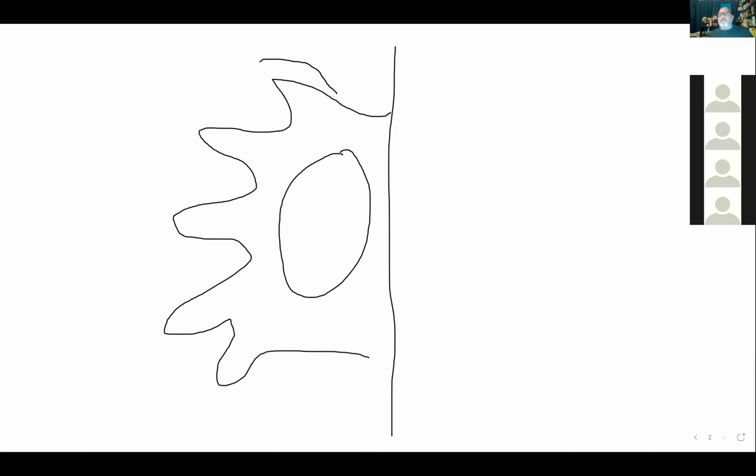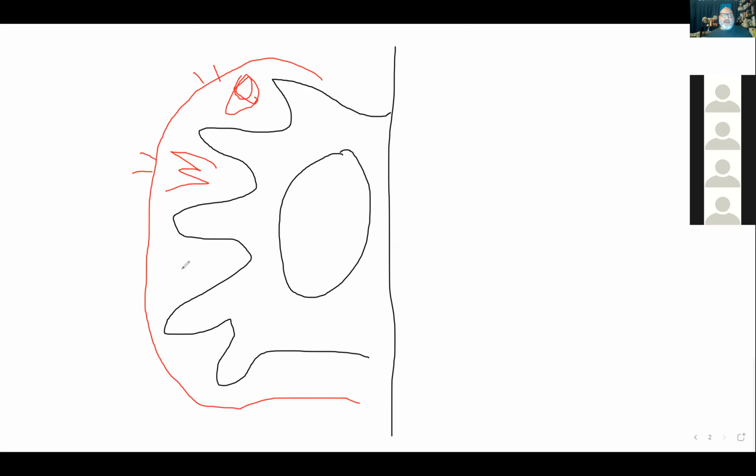So, oops, I wanted to change the colors there. As we digest that tissue within here, what ends up happening are these spaces occur. These spaces are connected to all the big blood vessels, and these spaces basically become a big blood reservoir.